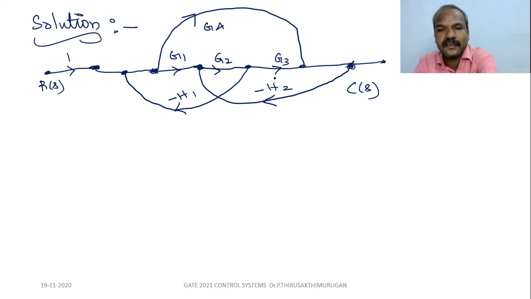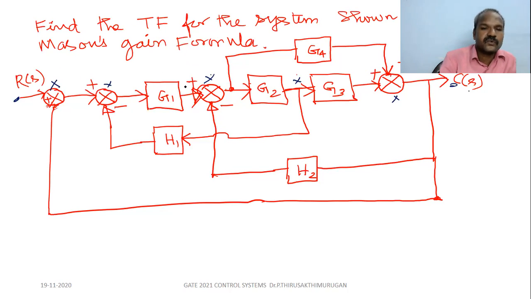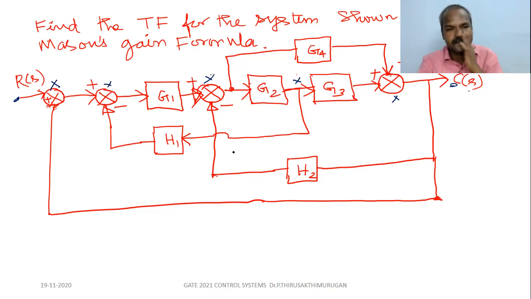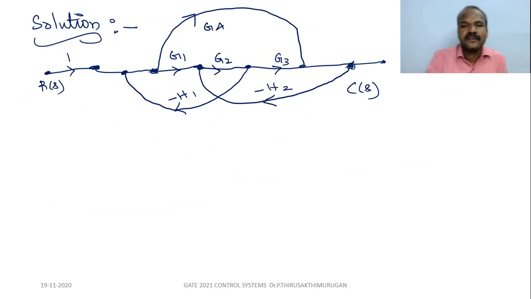From G2 output, it goes through H1 to the junction. So at the junction before G2, G4 starts and then adds with the block. This is addition.